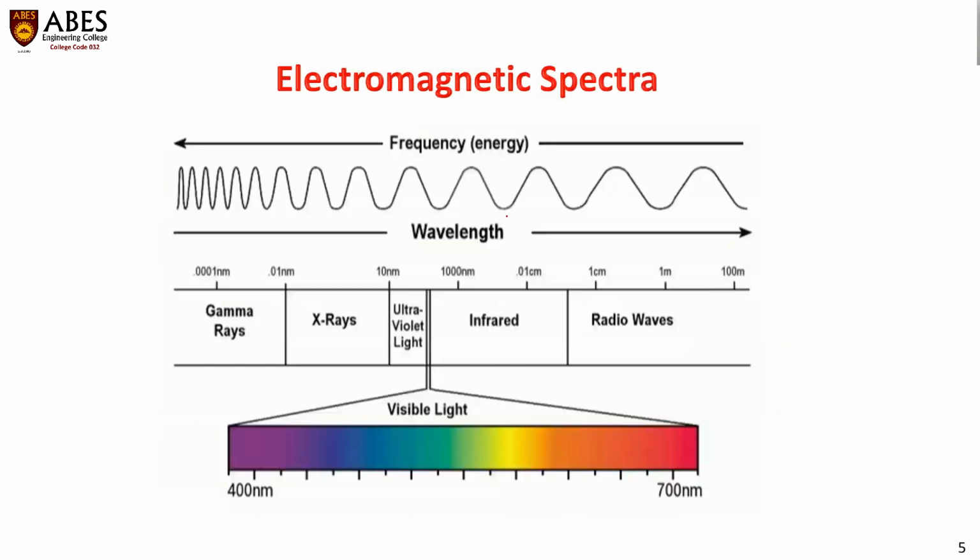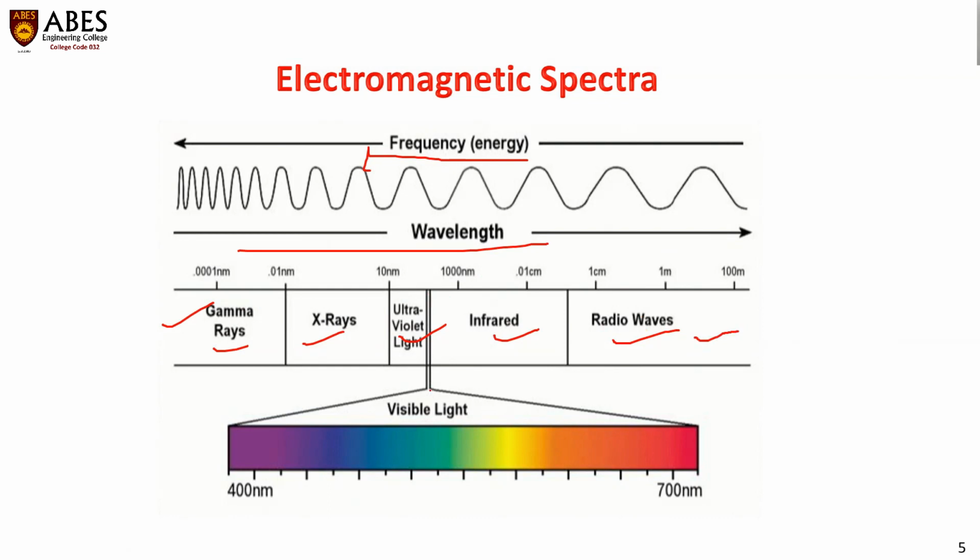When we arrange these radiations in increasing order of wavelength and decreasing order of frequency, we get the electromagnetic spectrum, which consists of gamma rays, X-rays, UV rays, IR rays, and radio waves. Here, gamma rays have the highest frequency and radio waves have the lowest frequency.